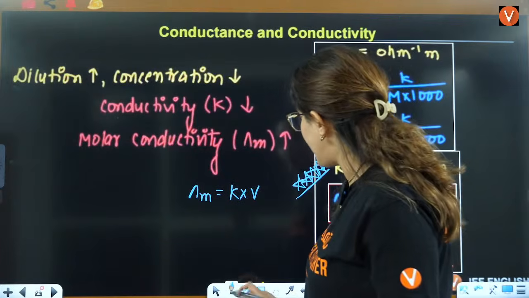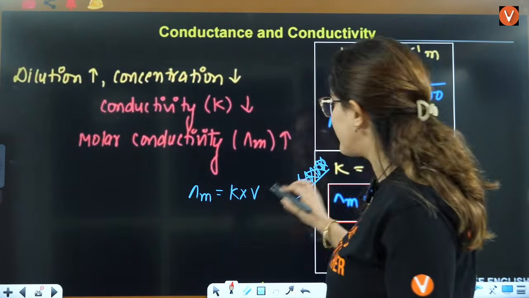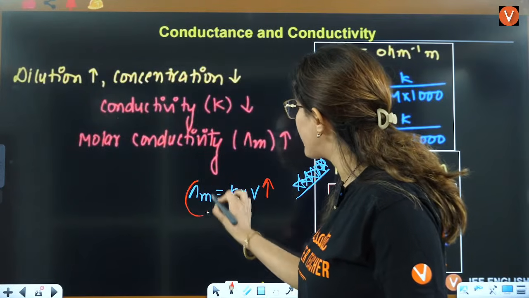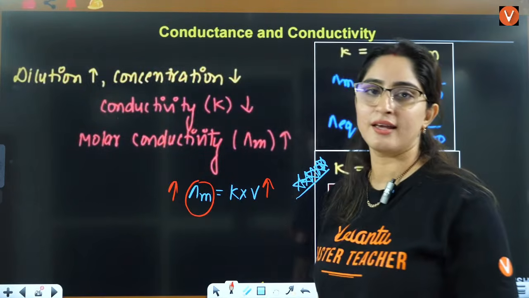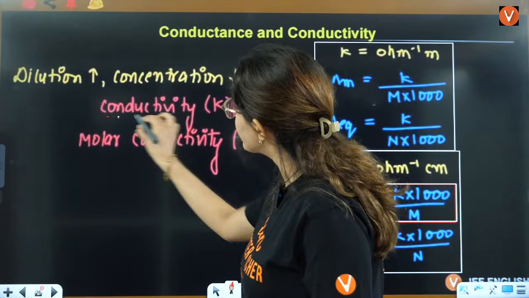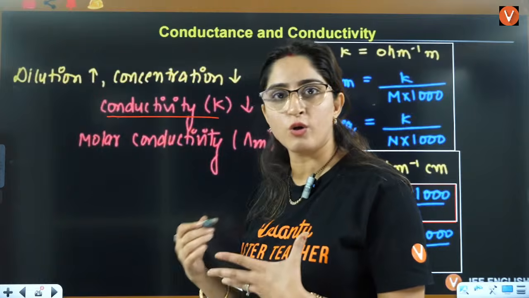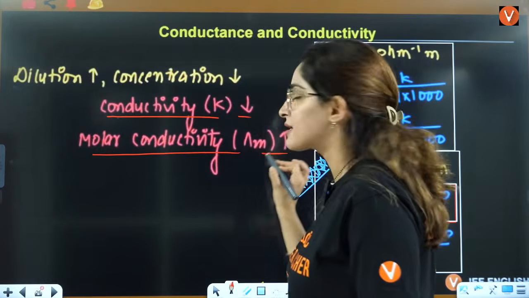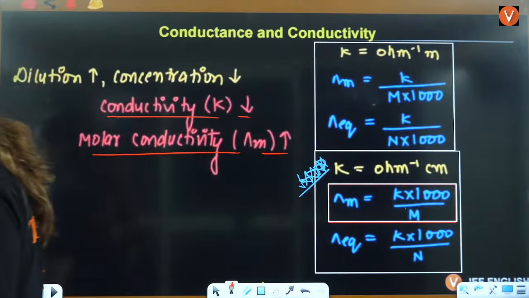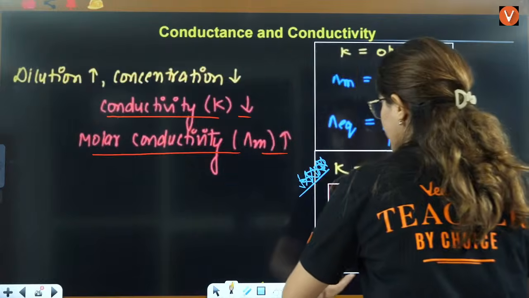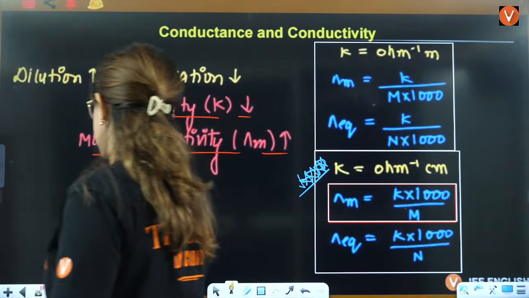So when you talk about molar conductivity, when you add water, the volume will increase, so molar conductivity will increase. That is the reason. Very important statement; a statement based question can also be asked from here. Conductivity decreases and molar conductivity will always increase here, right?